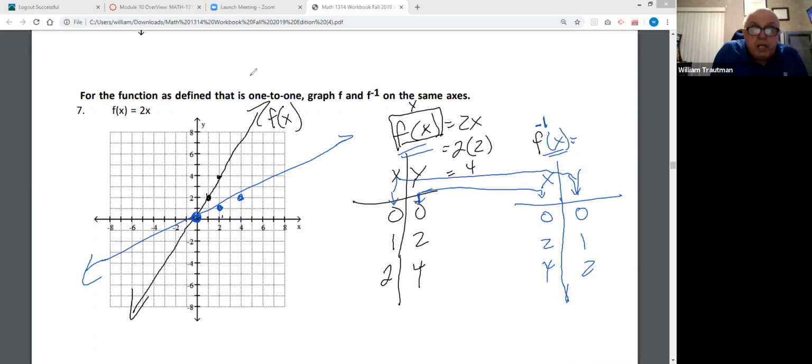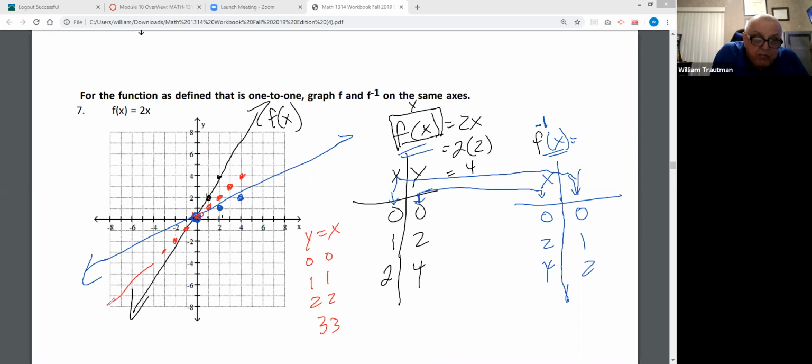If I connect these dots, I get something that looks like this. Now there's one more thing I need to do. Let me draw my y equals x line, right? At 0, 0; 1, 1; 2, 2; 3, 3; 4, 4; -1, -1; -2, -2. Do you see?